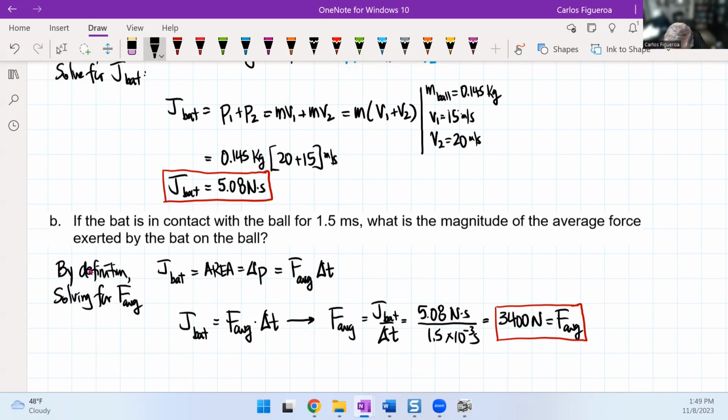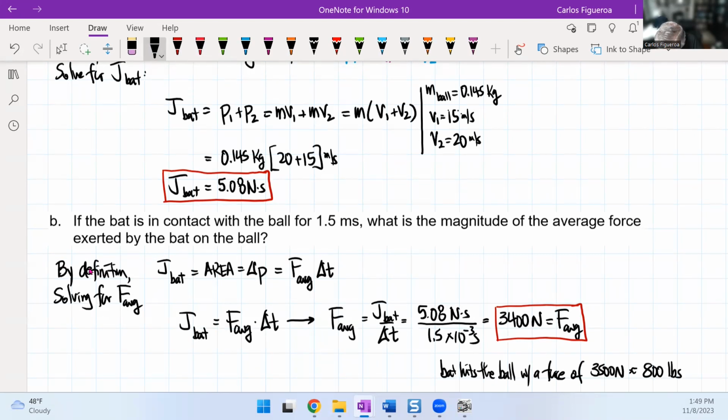So that means that the bat hits the ball with a force of, I'm going to say about 3,500 newtons, which will be around 800 pounds.